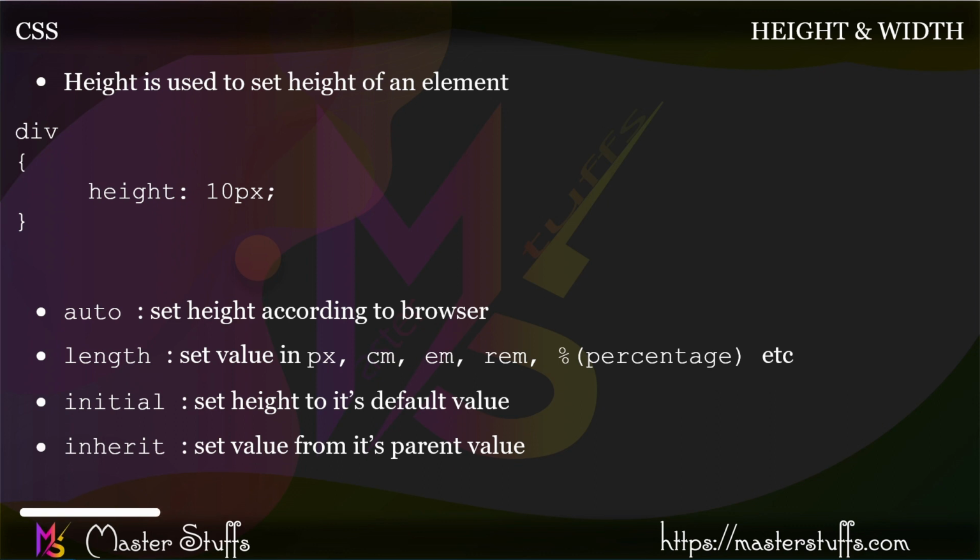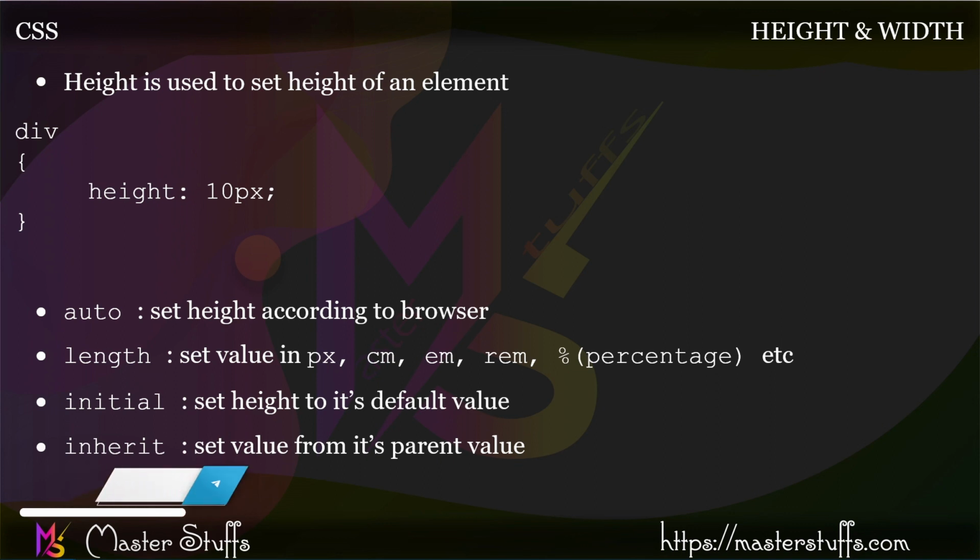In this situation, the paragraph and heading tag height will be set to 10px because it takes from the parent element, and the parent element is the div tag, whose height property is 10px. So it takes the 10px from the div element and sets it to the paragraph tag and heading tag. So this is the feature of inherit. We will also do a practical on it.